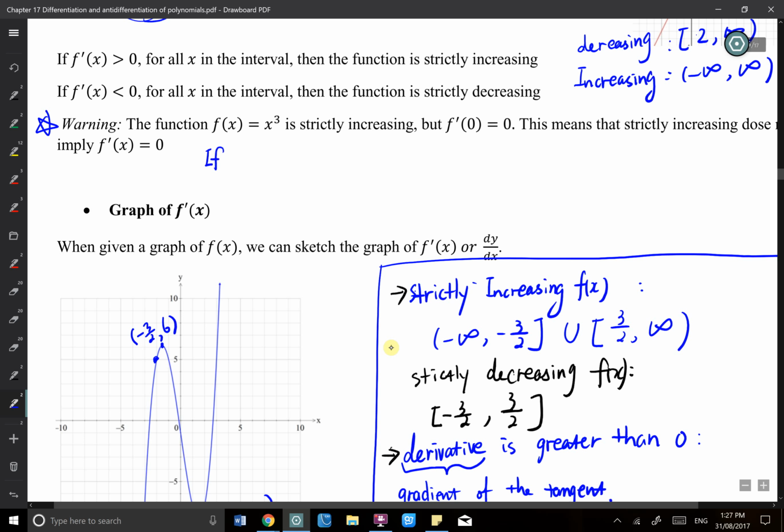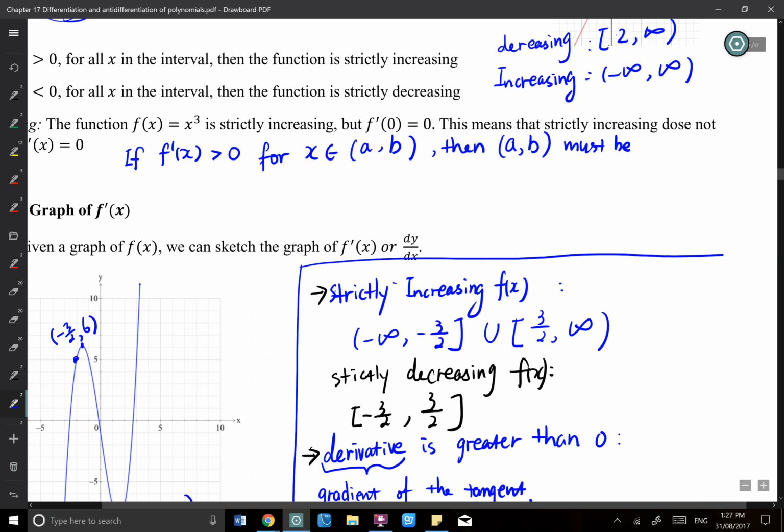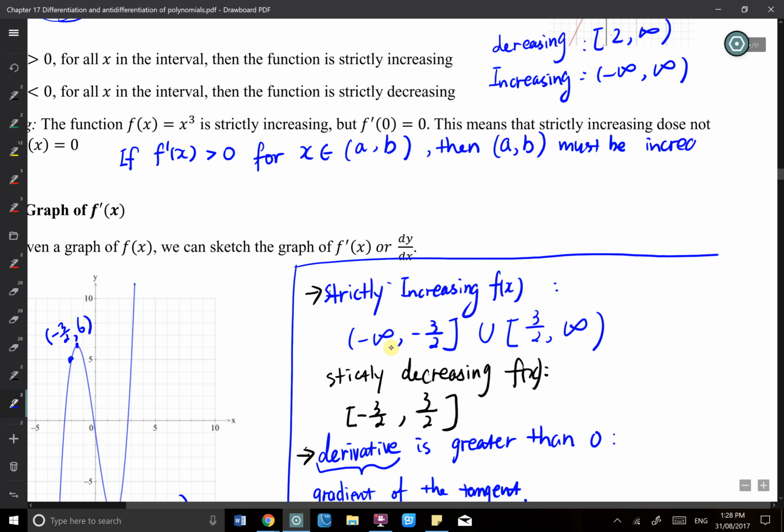If f dash x is greater than 0, for x belongs to, let's say, a to b, then f from a to b must be an increasing function, or strictly increasing function.